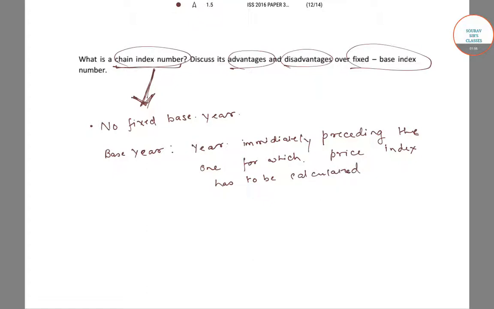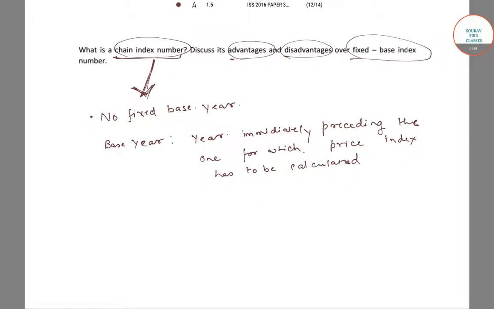Suppose, for example, we have to find out the price index for the year 1993.